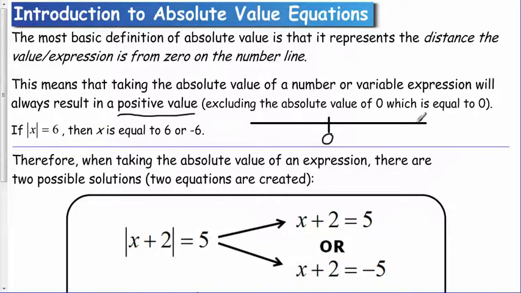So that means x is located to the right 6 units and x is located to the left 6 units. So that's why x equals 6 or negative 6, because I can go a distance of 6 units to the right and a distance of 6 units to the left on the number line. That's why an absolute value equation splits into two regular equations.